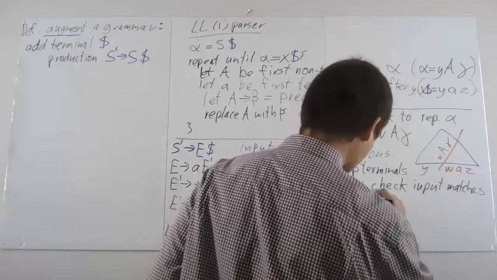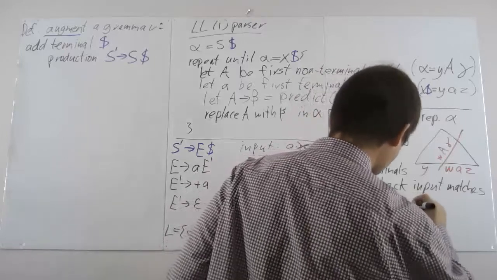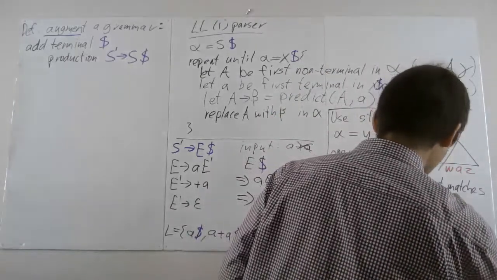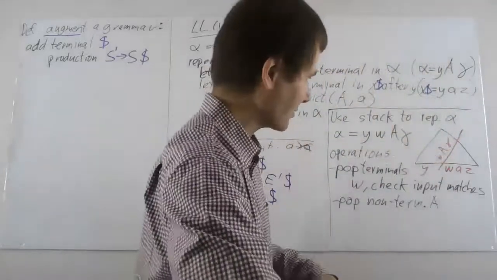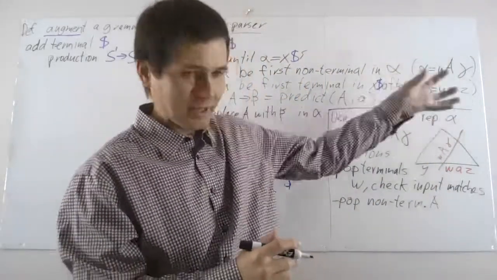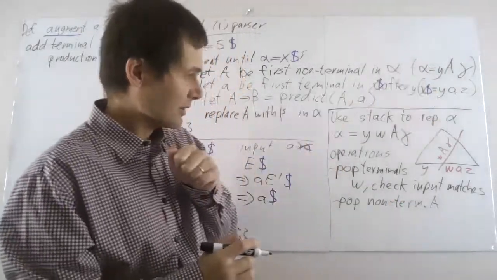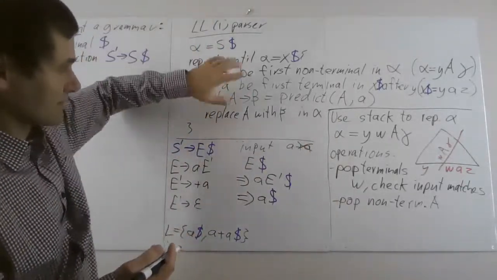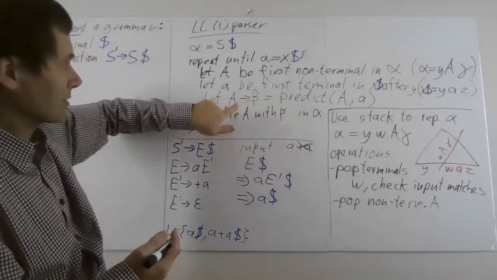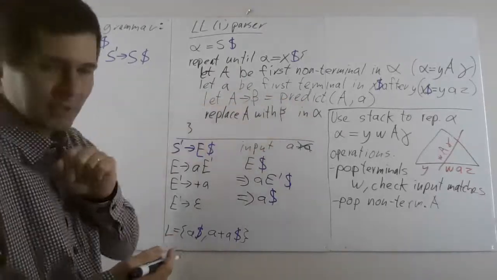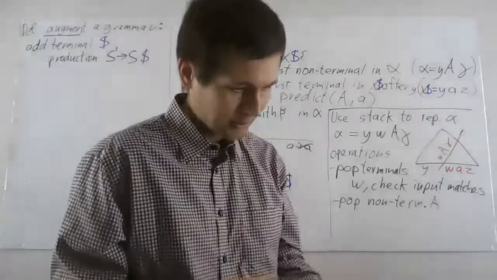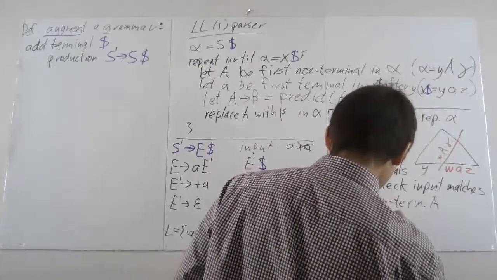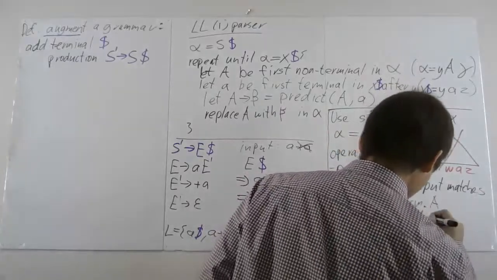So if I've popped all the W off, I've popped all the terminals, and now the thing at the top of the stack is a non-terminal, well, then I need to use the predict function to pick a rule and do the replacement following that production rule. So then expand A goes to beta.